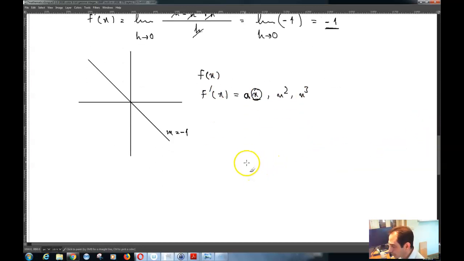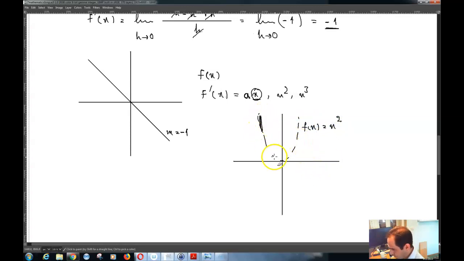But suppose that, for example, you have some function like this. f of x is equal to x squared. You see that on this graph, it's not a straight line, it's a curved line.